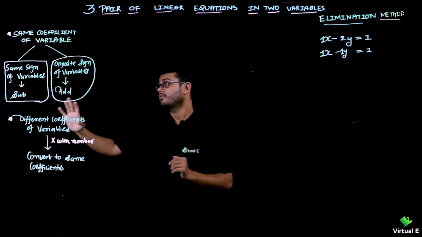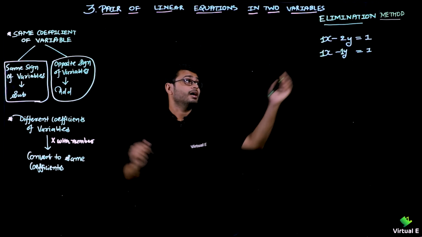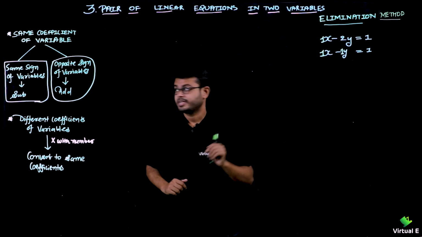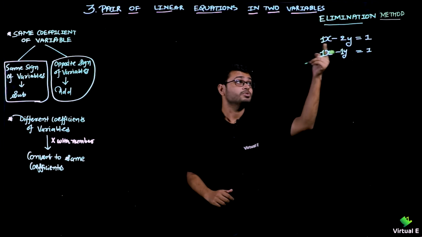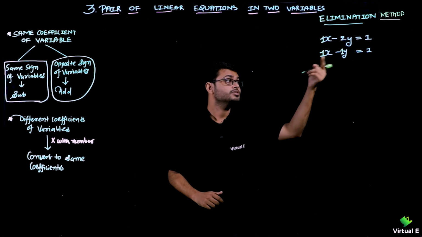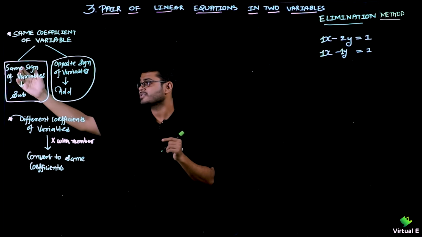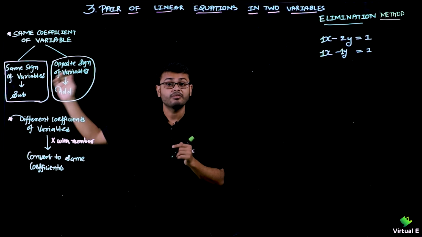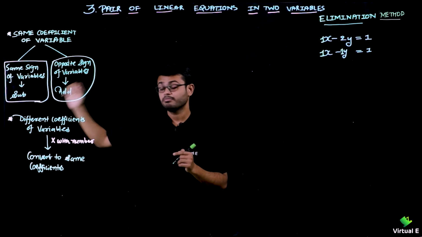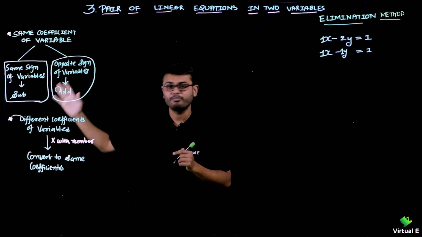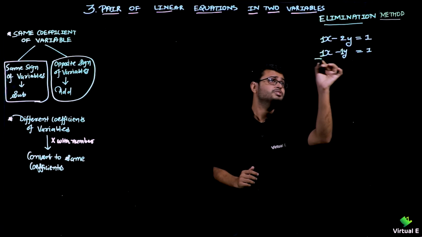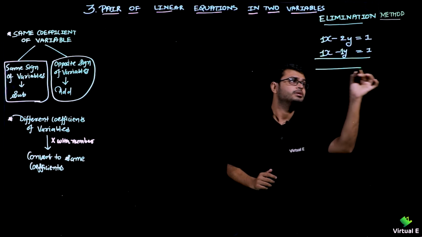Now I will check whether both x's have the same sign or opposite sign. No sign means plus, here also plus. So this is the case of same sign of variables. In that case, remember this, these steps are very important: subtraction. So I am going to subtract these two equations.